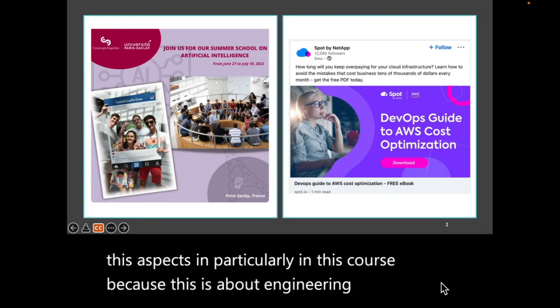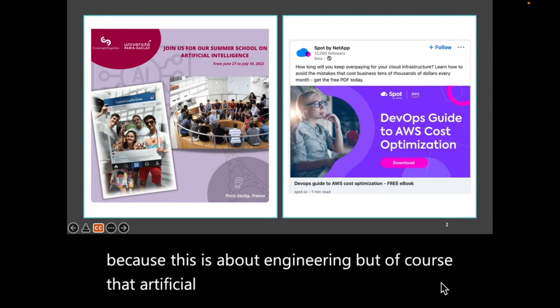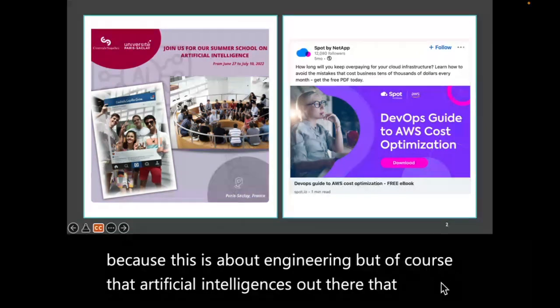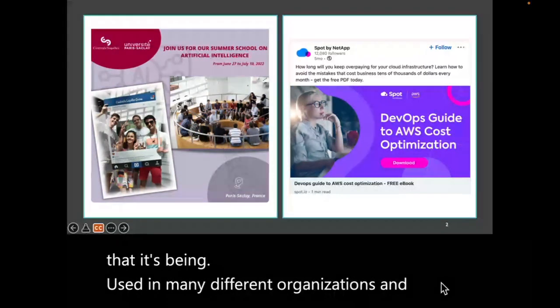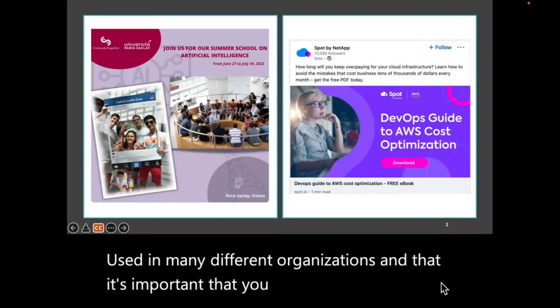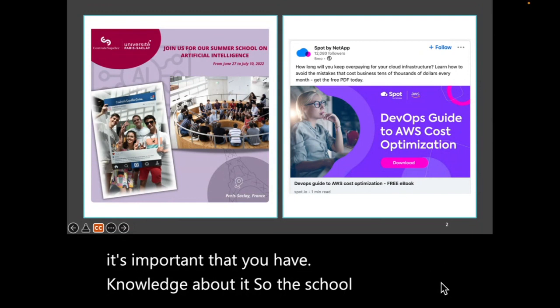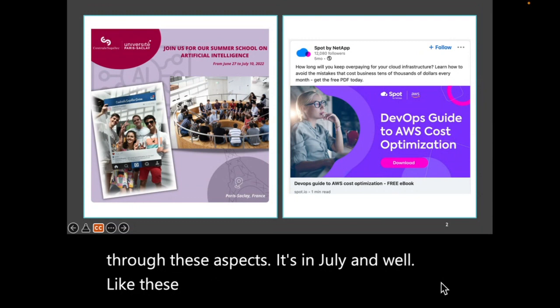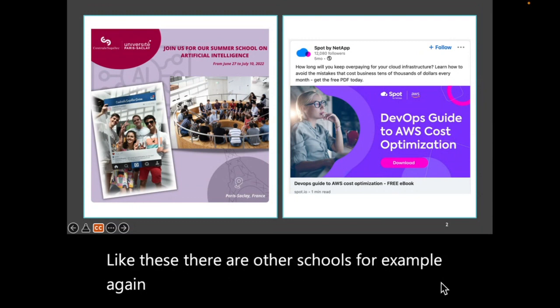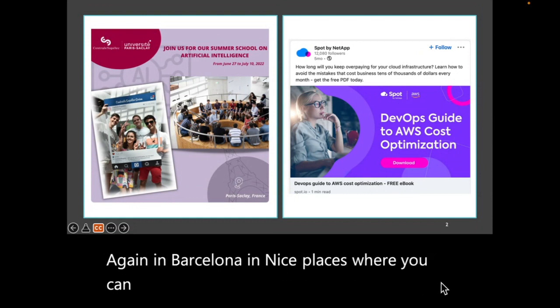But you know that artificial intelligence is out there, that it's being used in many organizations, and that it's important that you have knowledge about it. The school is in July, and like this, there are other schools, for example in Barcelona, in nice places where you can have fun and learn a lot.